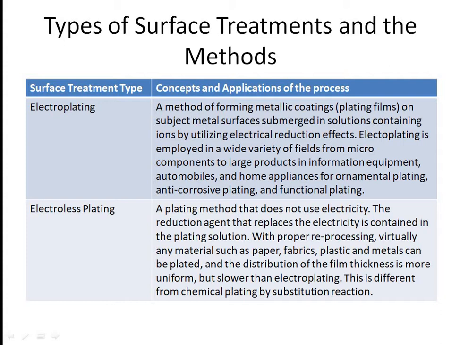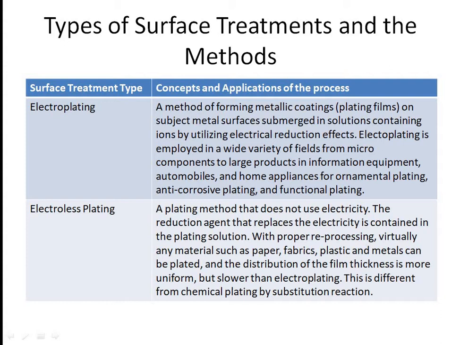So this is the meaning of electroplating, and it is employed in a wide variety of fields, from micro components to large products, in information equipment, automobiles and home appliances, for ornamental plating, anti-corrosive plating and functional plating. So this is one of the types of surface treatment process.